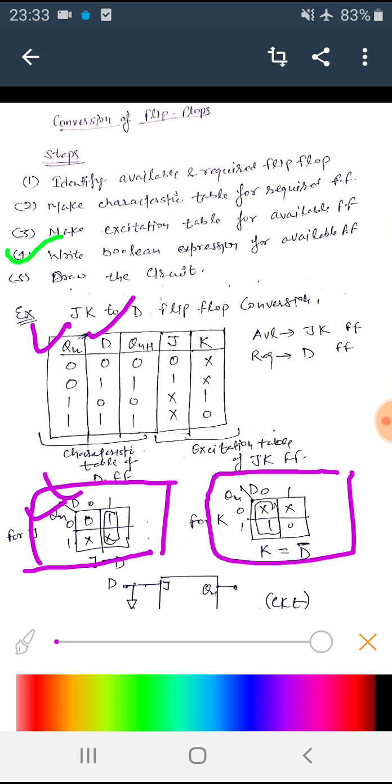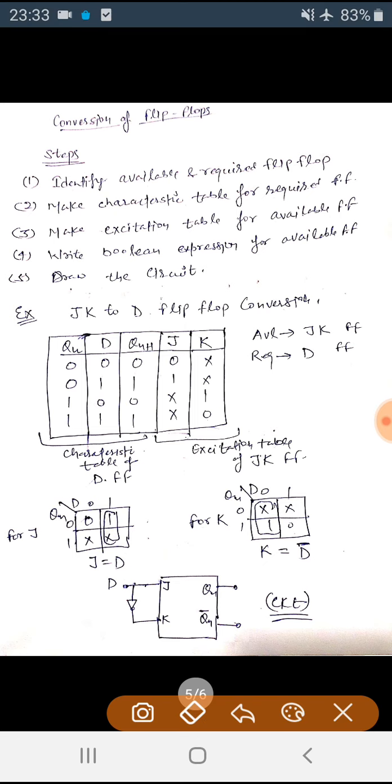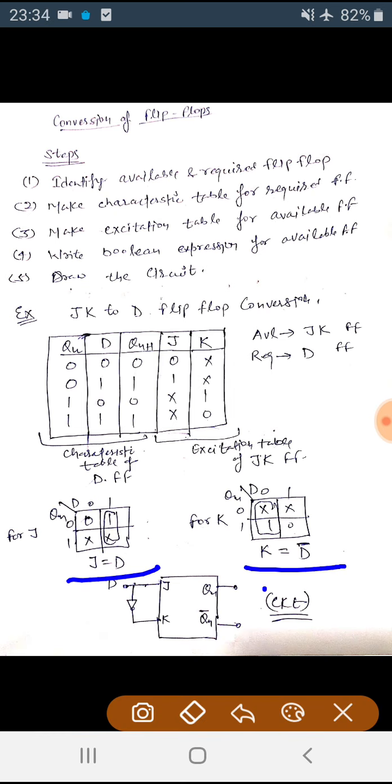As we can see, J is 0, 1, don't care, so I will make a pair and J would come out to be equal to D, and using the K-map, K would come out to be D bar, that is the complement of D. So this is how we can convert JK to D flip-flop.